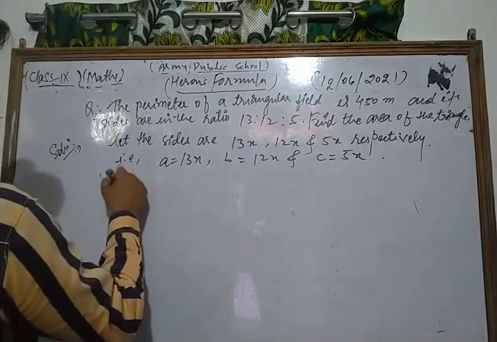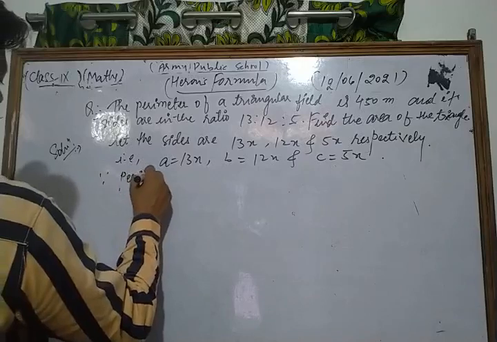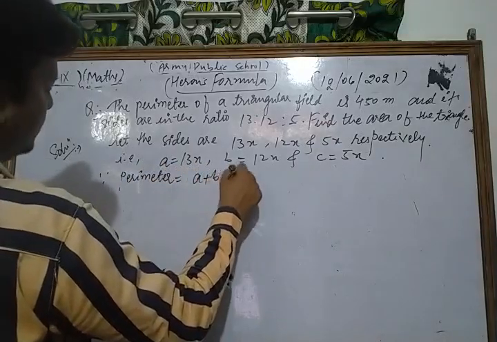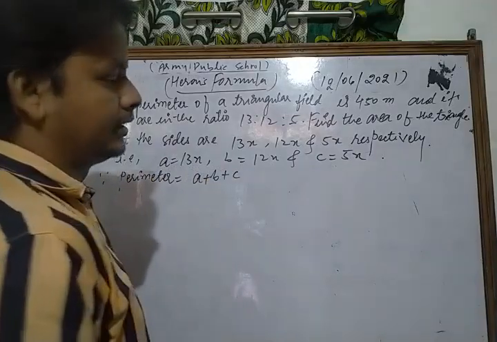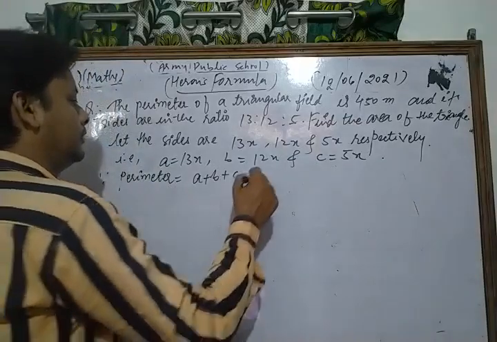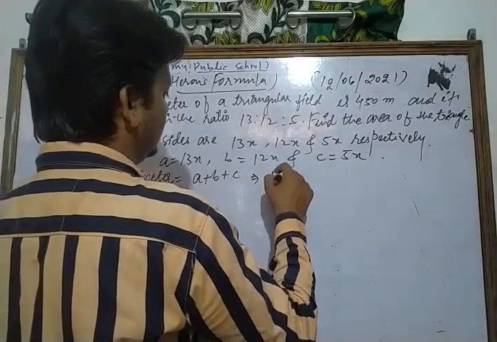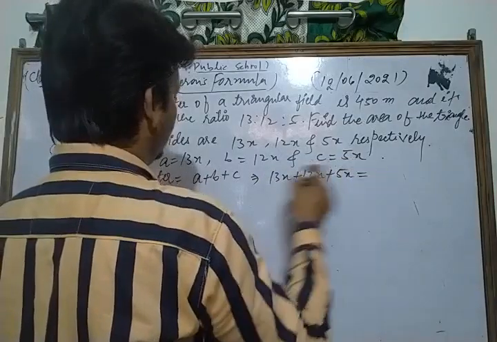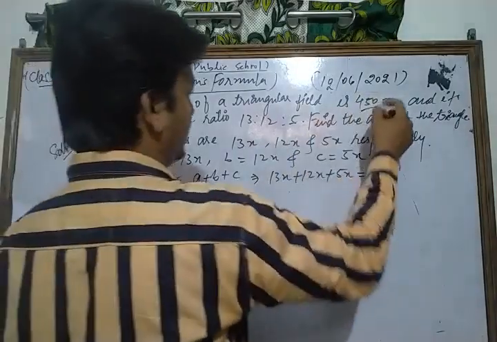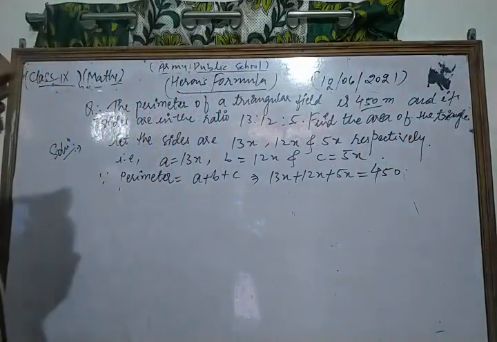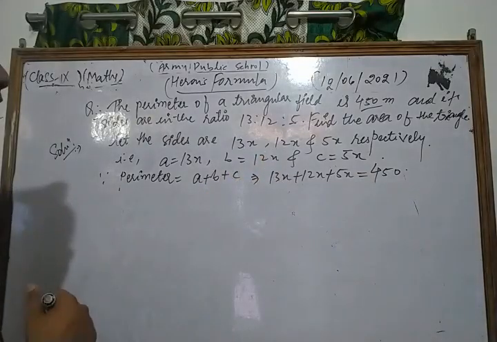Since perimeter is equal to a plus b plus c, the sum of all its sides. Perimeter means the sum of all its sides. Now 13x plus 12x plus 5x is equal to the perimeter, 450.